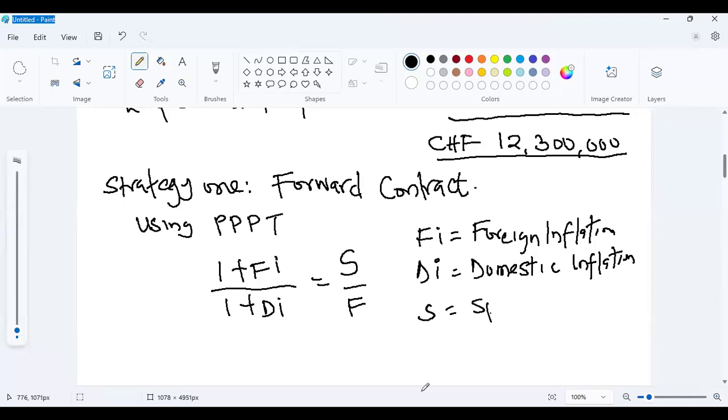S is the spot rate, and F is the forward rate. We are now trying to determine the forward rate. Let's go to this place.